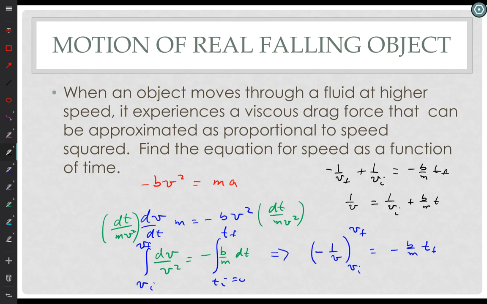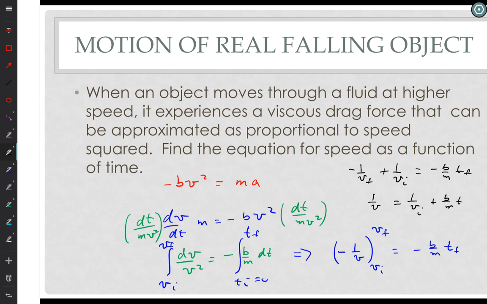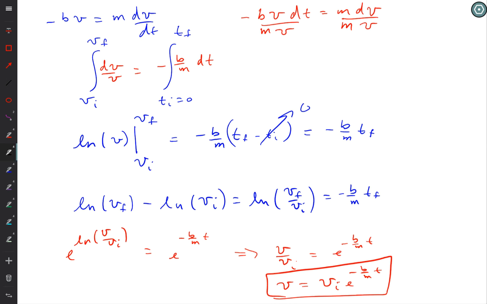Aaron: For the speed or the position function for the last problem we just did, you have a natural log on one side and e on the other side. How do you simplify? No, it's not going to be a natural log on one side. Okay.